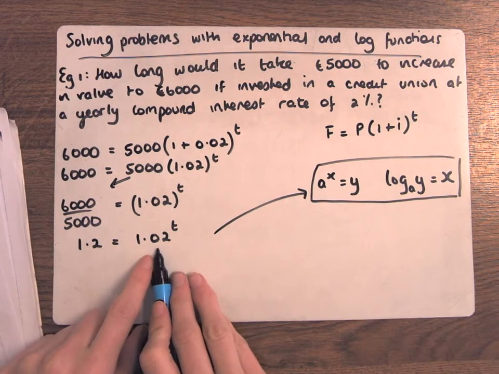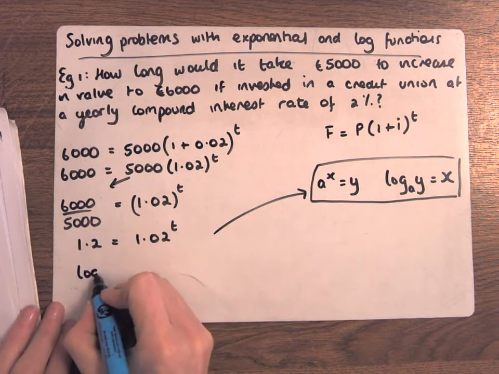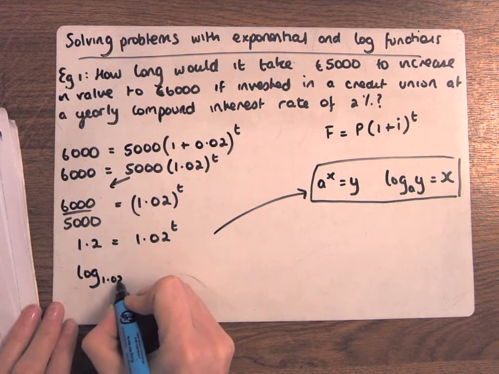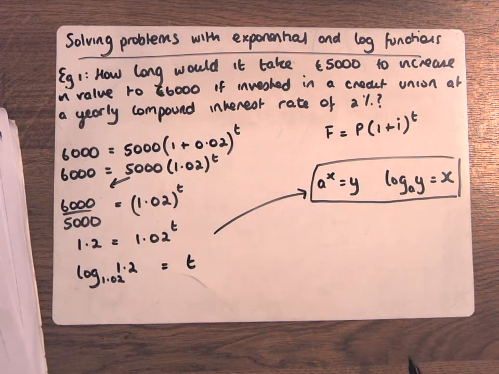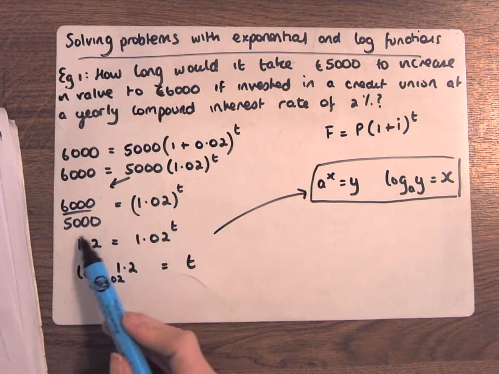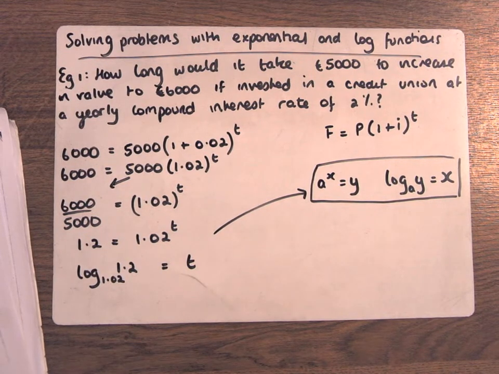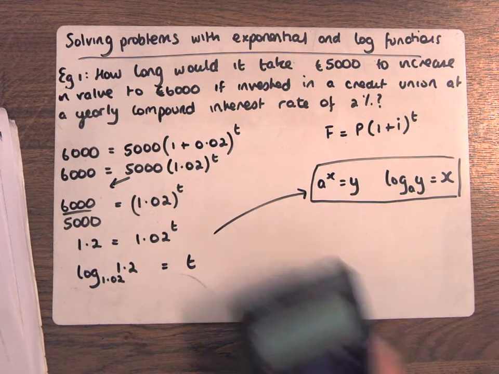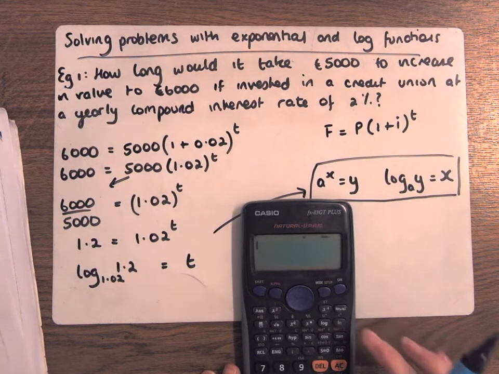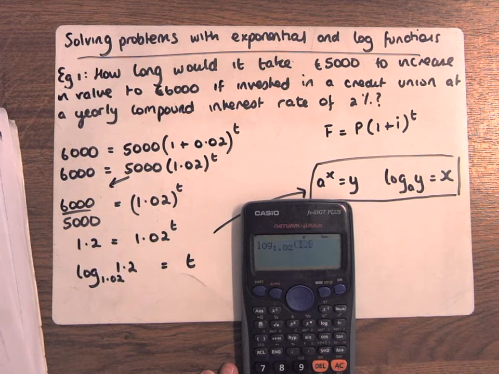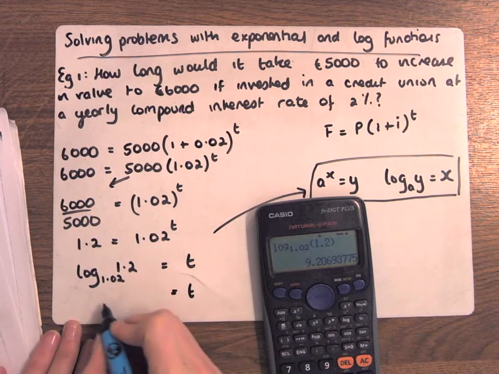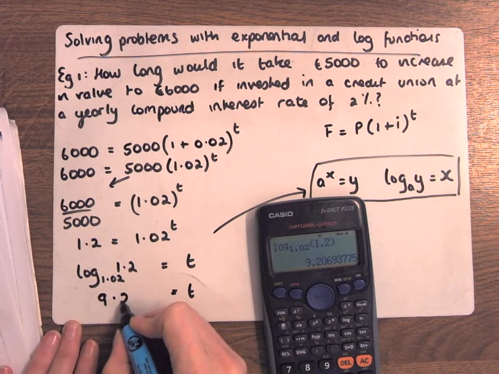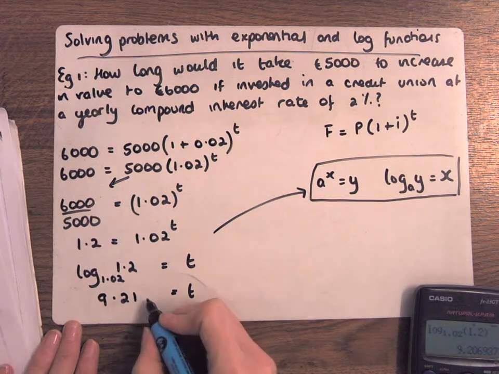There's my base. So log to the base 1.02 of 1.2 gives me the power. Base, power, value. And all I'm going to do is throw that into my calculator. So log to the base 1.02 of 1.2, and I get T is 9.21, okay, years.